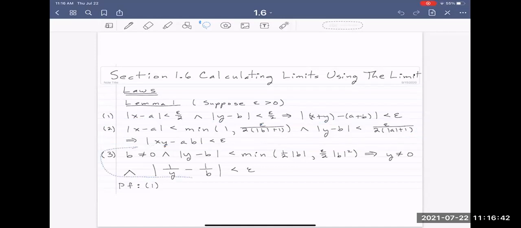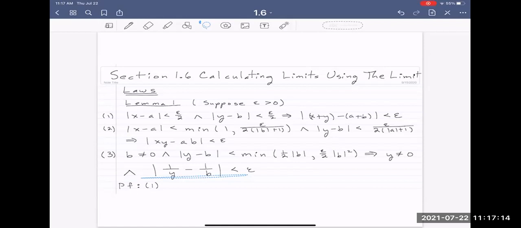Next, if b is not equal to 0, and if |y minus b| is less than the minimum of 1/2 |b| and epsilon over 2 times |b| squared, then y is not equal to 0, and |1 over y minus 1 over b| is less than epsilon.